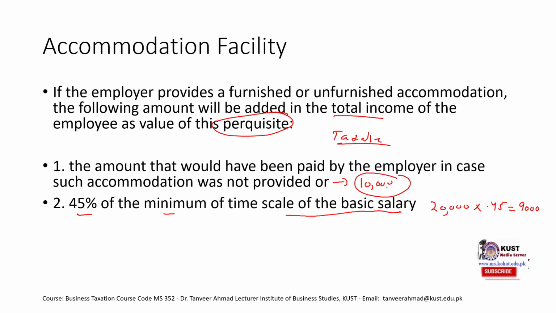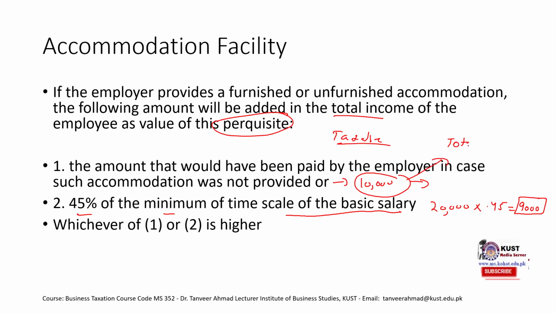So now we have two amounts. One is the amount that would be paid, 10,000, and 45% of the minimum of the time scale of the basic pay. The rule says whichever is higher. So in these both cases, this amount is higher, so this would be included in total income, and then we would calculate the taxable income, right?